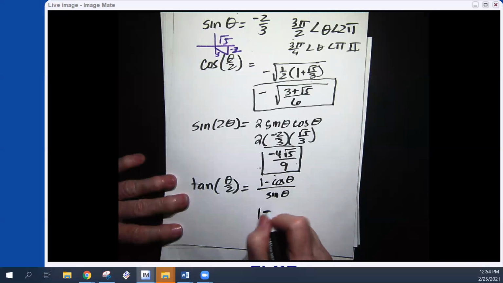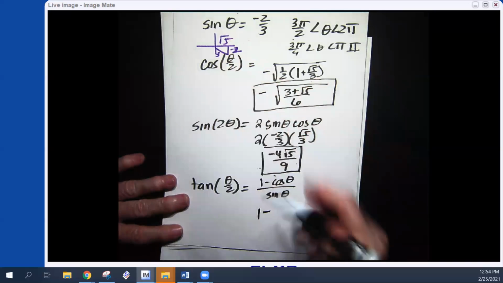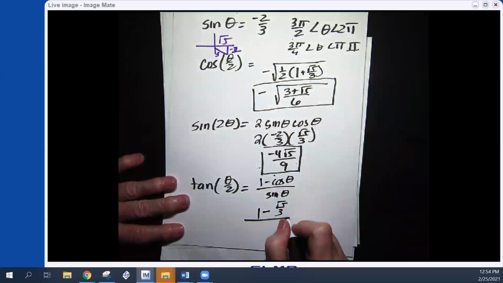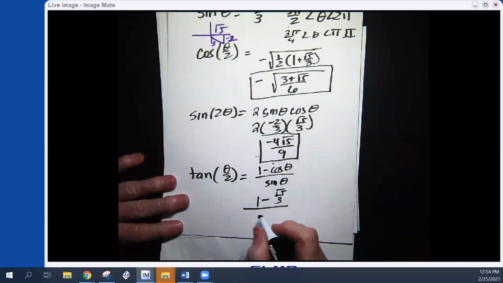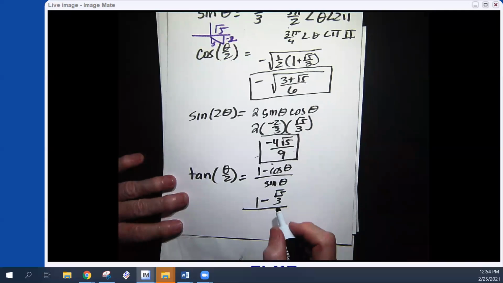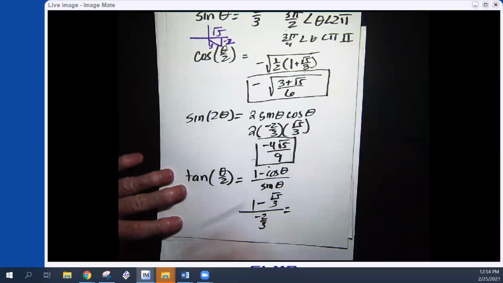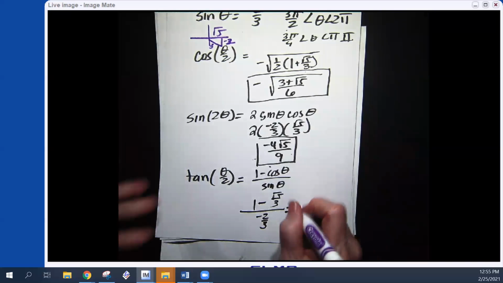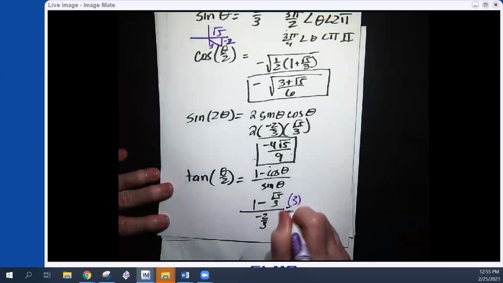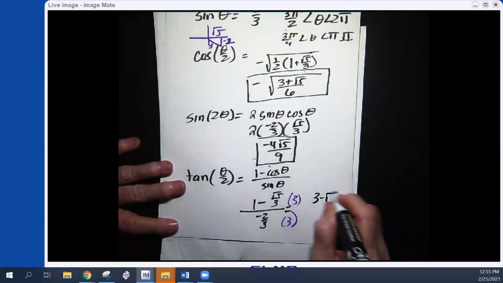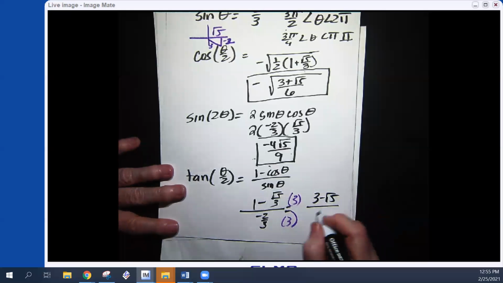So 1 minus root 5 over 3 divided by the sine of the angle, which is -2/3. So if I multiply by the common denominator, which is 3, that's going to give me 3 minus root 5 divided by -2.